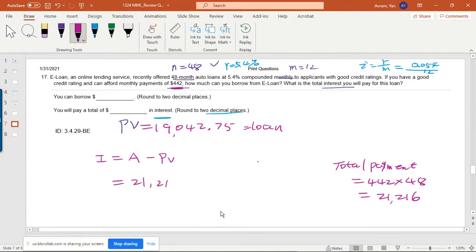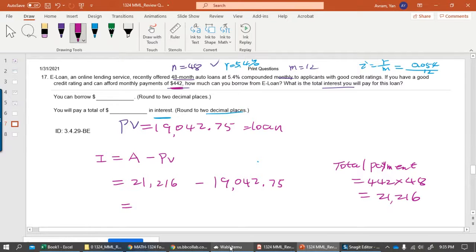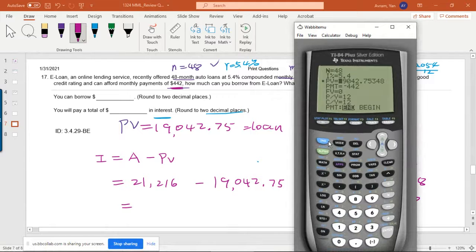So we have 21,216 minus 19,042, because we assume this is how much you borrow, right? And let's see how much you are paying for the interest. You are paying for the interest 21,216 minus 19,042.74.